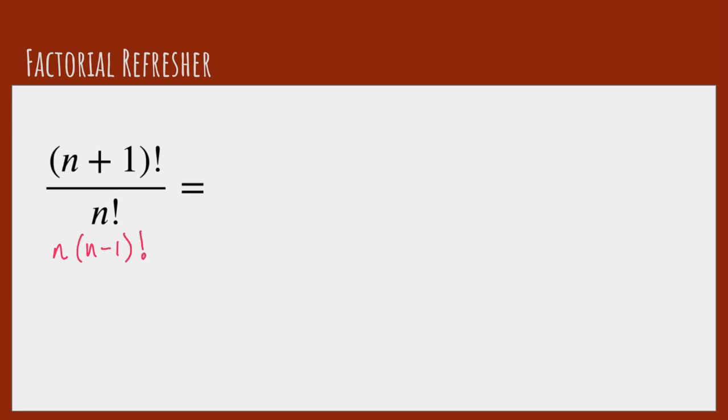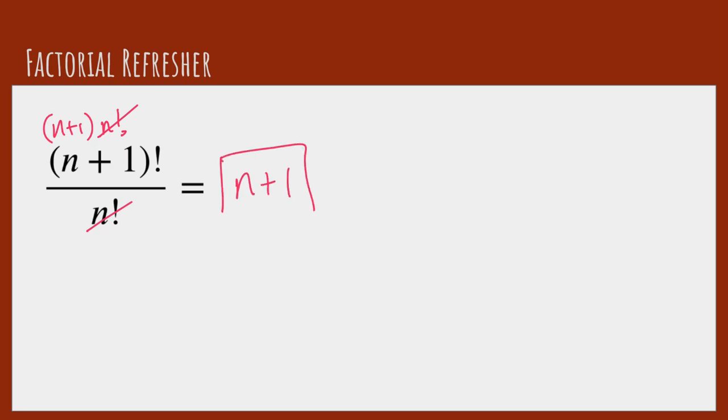Or to use a specific example again, 5 factorial is the same thing as 5 times 4 factorial. Now, neither of these is very useful here, but what is useful is that n plus 1 factorial is the same thing as n plus 1 times n factorial. And so by writing it like that, it's a lot simpler to see the n factorials cancel, and this is just going to be equal to n plus 1.